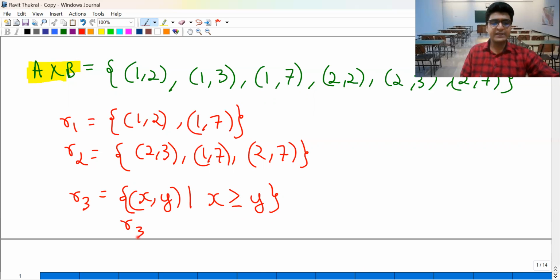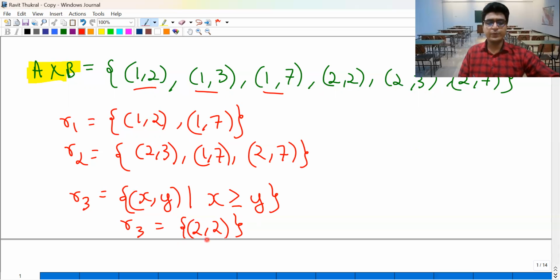So R3 will contain, here, if you compare between 1 and 2, 1 is actually less than 2. So x is less than y here. So this is not satisfied in the relation. Here also 1 is less than 7, but here 2 is equal to 2. So this can be included in this relation, right? 2, 3, 3 is bigger. 2, 7, 7 is bigger. Okay. So in this relation, we have just one element, which is 2, 2, right?